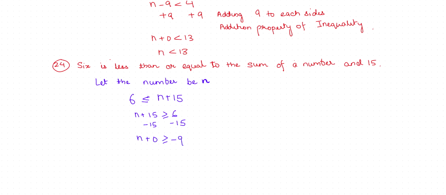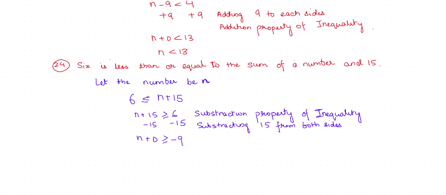So n is greater than or equal to negative 9. So we used the subtraction property of inequality here, subtracting 15 from both sides, and our answer is n is greater than or equal to negative 9.